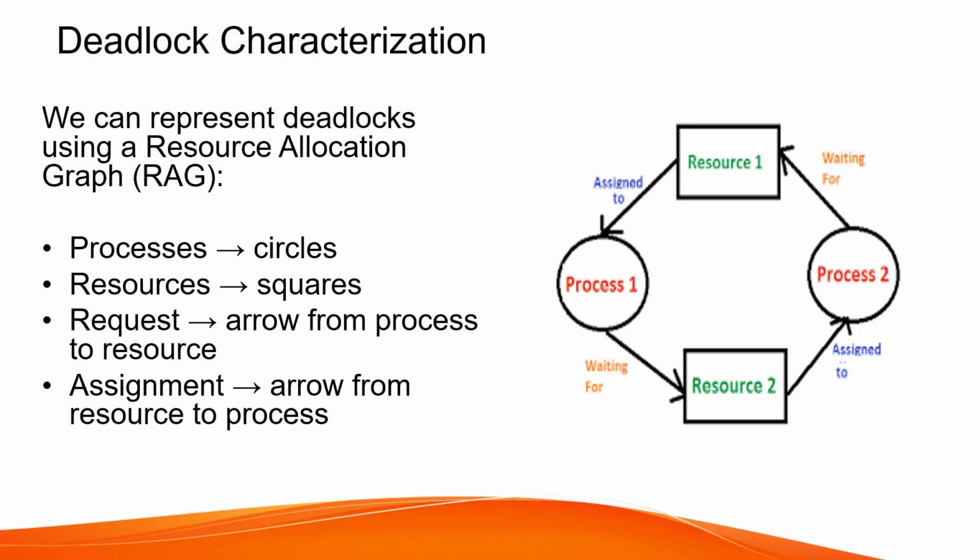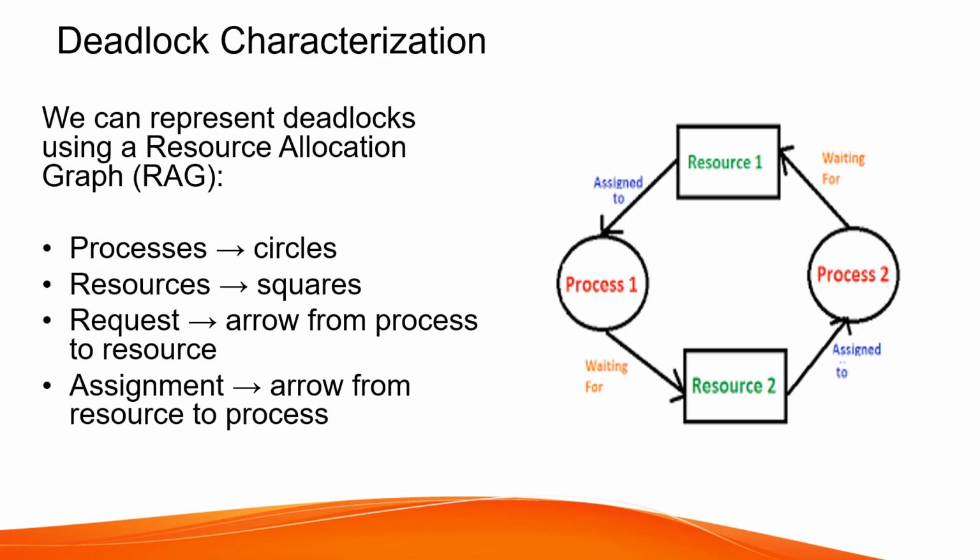Here we can see there are two processes and two resources. Resource 1 has been assigned to process 1, and similarly resource 2 has been assigned to process 2. But process 1 couldn't complete its work as it requires resource 2 also, which process 2 is holding.